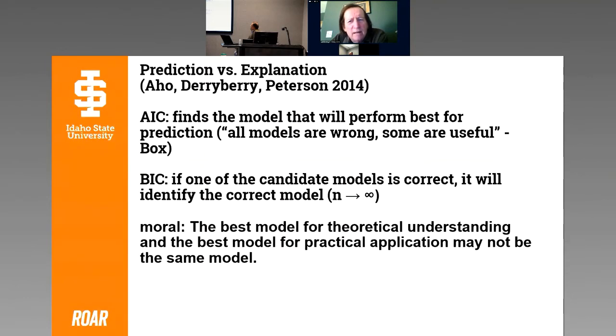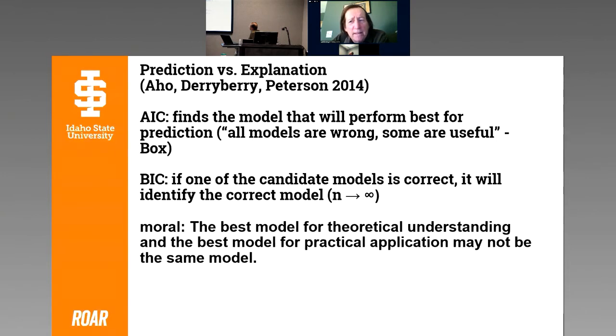It depends on what you're trying to do. The big AIC-BIC debate is about whether you're seeking prediction or explanation. AIC is designed to come up with the model that's best for prediction and does not assume any of the models are correct. It follows George Box's tenet that all models are wrong, but some are useful.